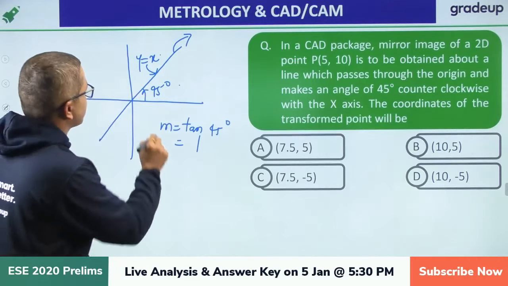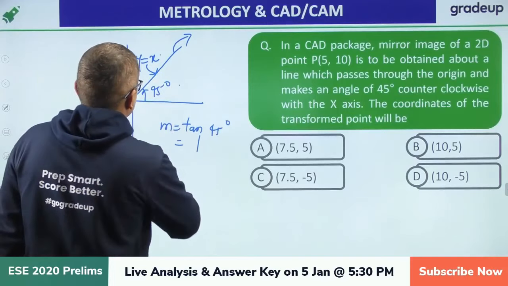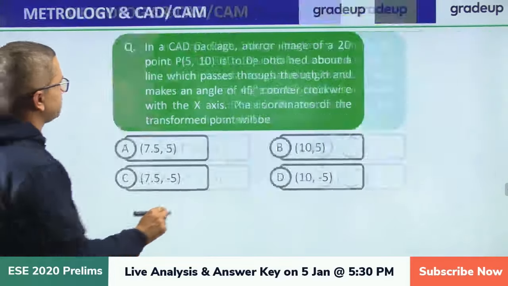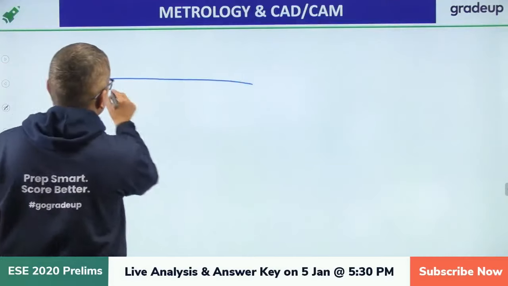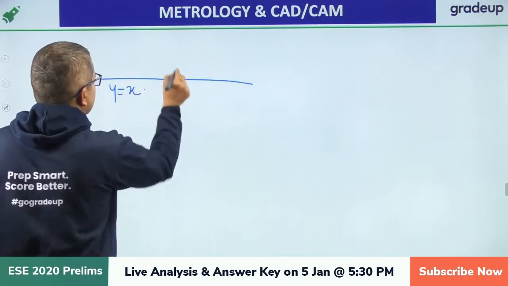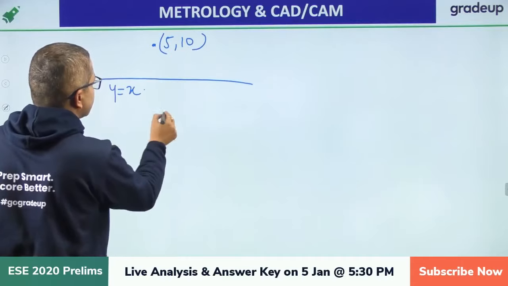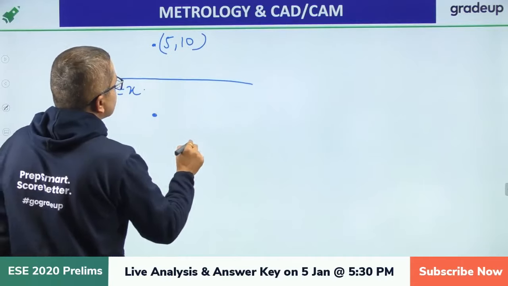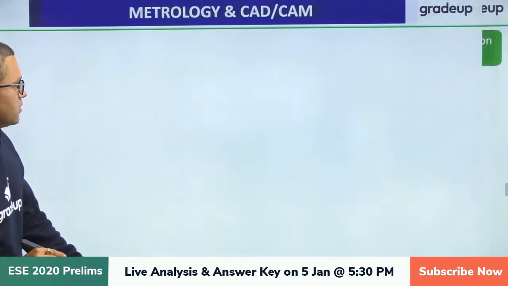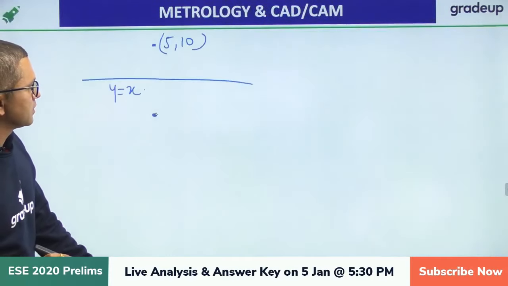Now 5 comma 10. Let's assume that this is the y equal to x line and this is the point 5 comma 10. Now you have to select out of these 4 points.